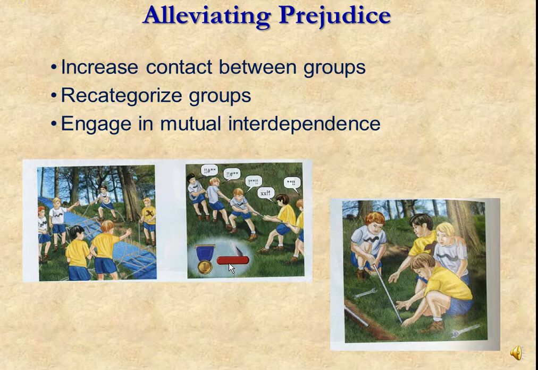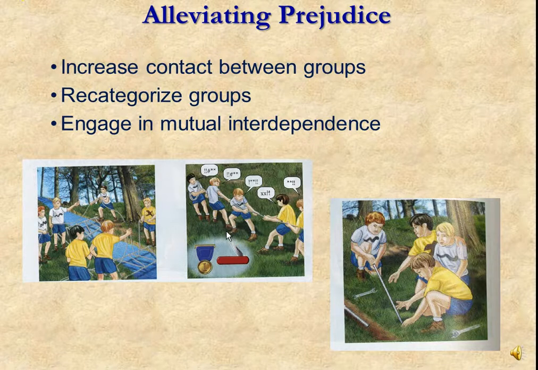Then the question is, how do we go about alleviating that prejudice? Well, the first thing that he tried to do was to just bring them into contact with one another. So he had them doing arts and crafts classes. He had them coming to different shows and performances. They were sitting among one another in the dining hall.